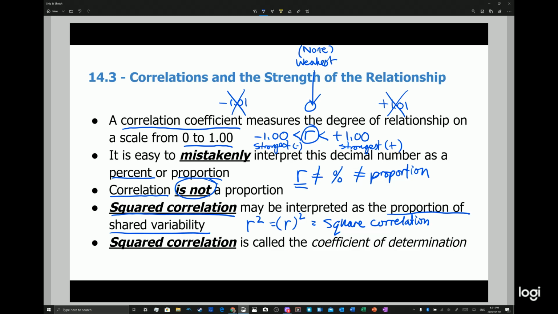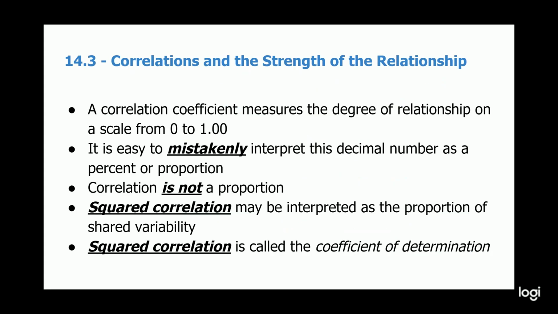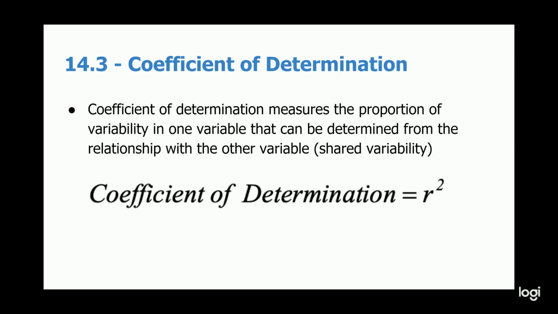Then it's a squared correlation, and it is read as the proportion of shared variability, and it is also called the coefficient of determination, which for now you can read as the proportion of shared variability explained. Okay, and we'll show you what that means. Here is a simple demonstration of this.